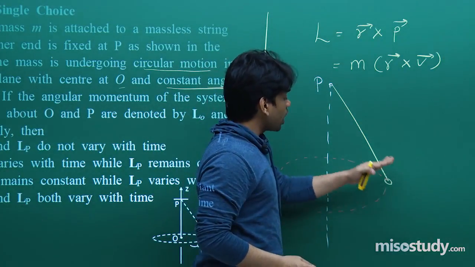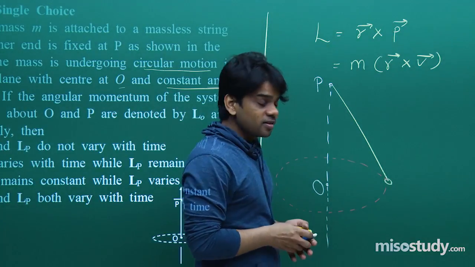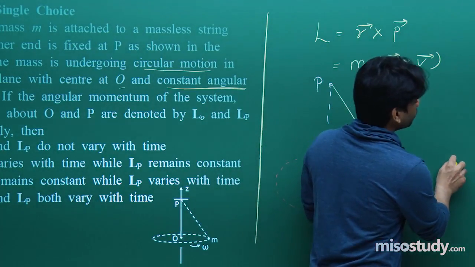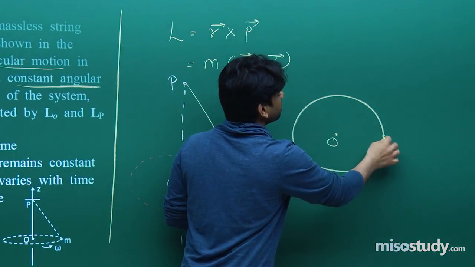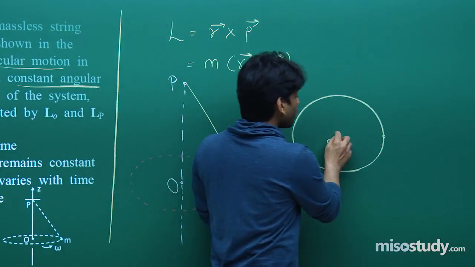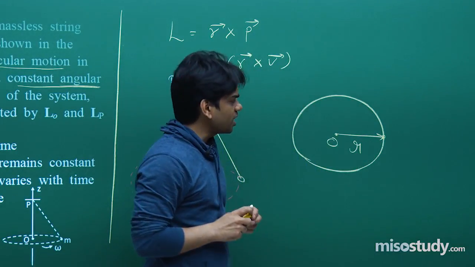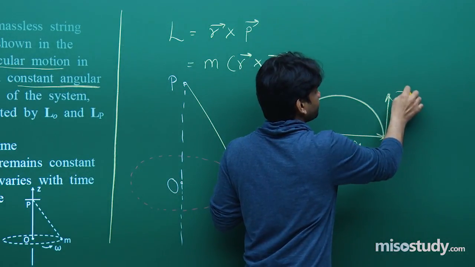As it is rotating, I want you all to simultaneously imagine the scenario with me. First of all, let me talk about point O. The particle is revolving about this point O, so this radius r, its magnitude, will always remain the same. As it is moving, this is the linear velocity v.